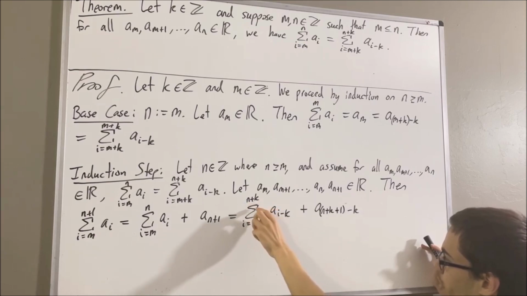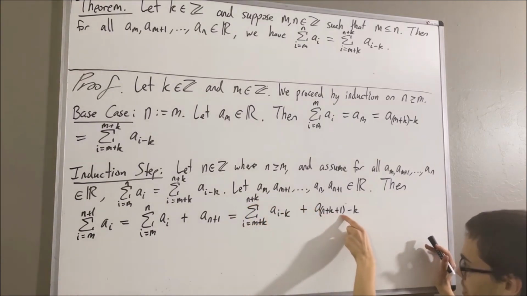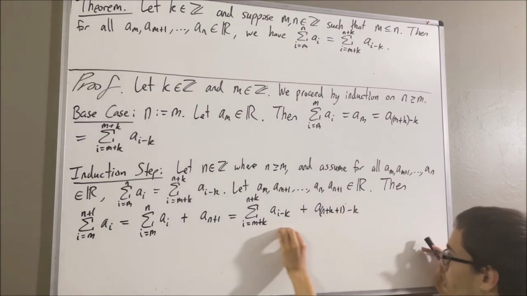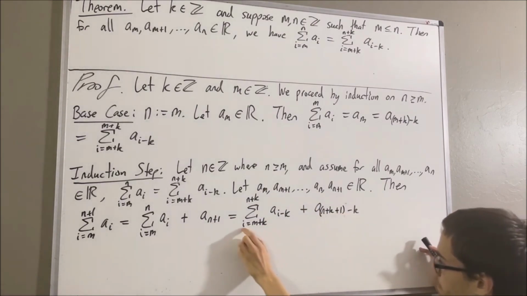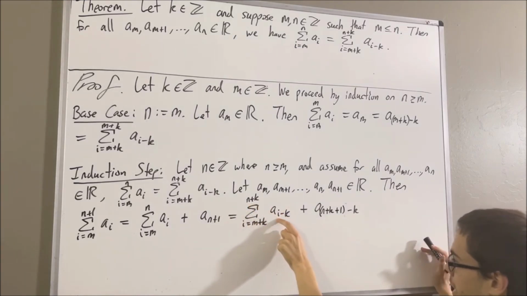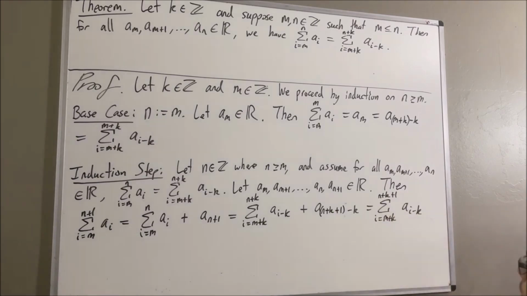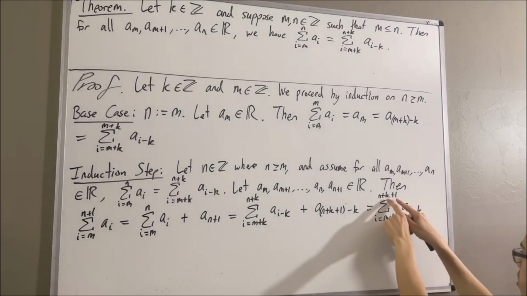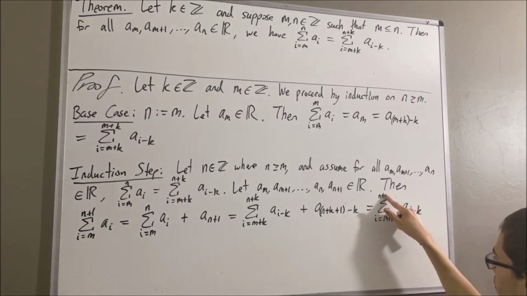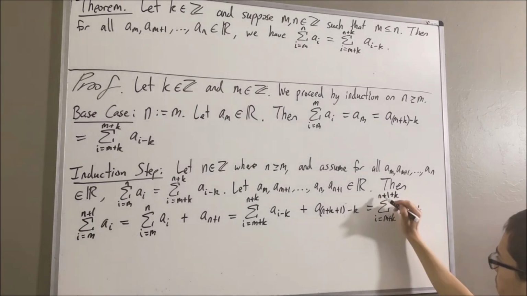Well, the term that would come after the n plus kth term is the n plus k plus 1th term. So really, taking all of this, we can rewrite it as the sum from i equals m plus k to n plus k plus 1 of a_(i minus k). And what I'm going to do now is swap the order of the k and the 1, and put parentheses around the n plus 1.